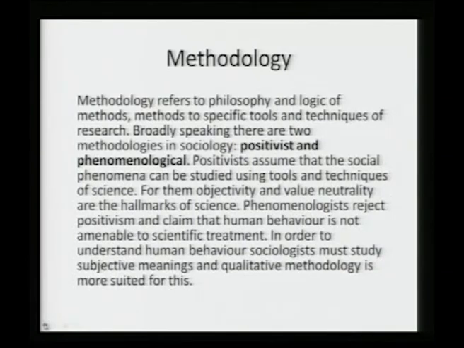Phenomenologists, on the other hand, reject positivism and claim that human behavior is not amenable to scientific treatment. In order to understand human behavior, sociologists must study subjective meanings, and qualitative methodology is most suited for this.